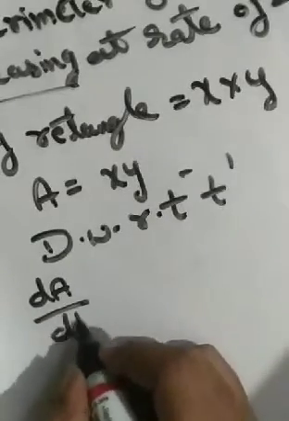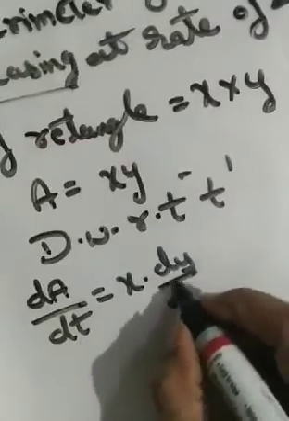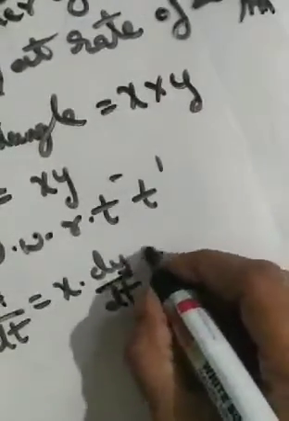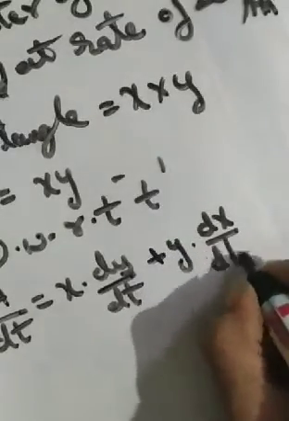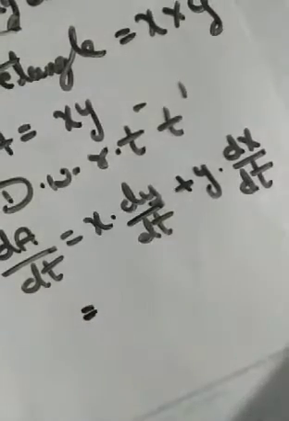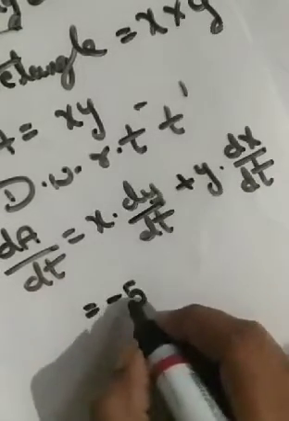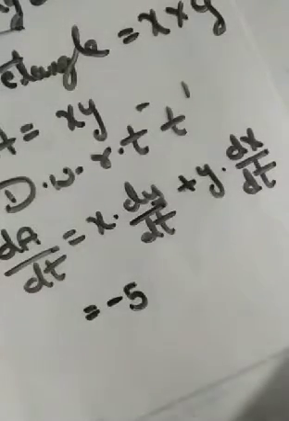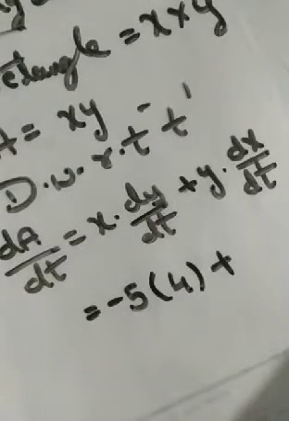So dA by dt is equal to x into dy by dt plus y into dx by dt, which is equal to, what is the x value?